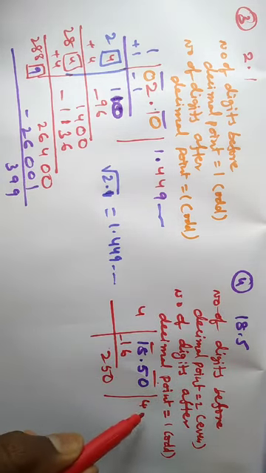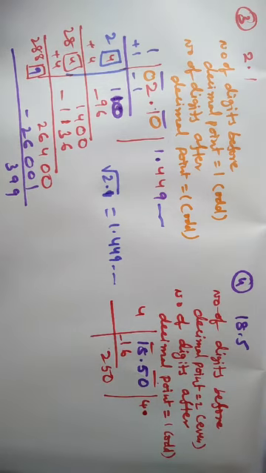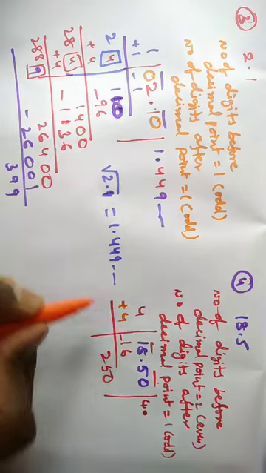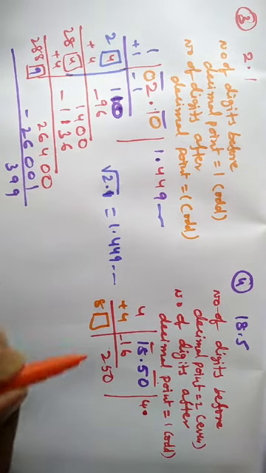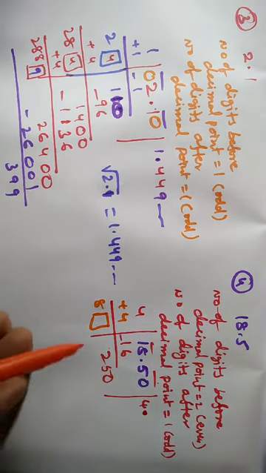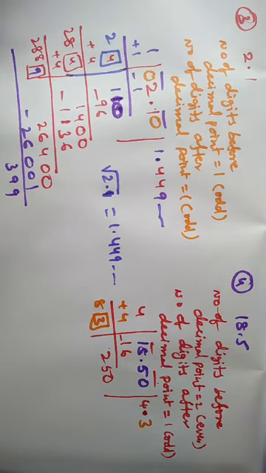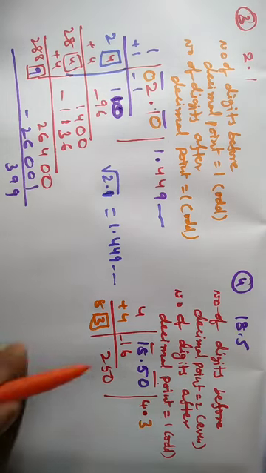When we are taking the digits after the decimal point, we have to place the decimal point in the quotient also. By adding 4 again to this one, we have to leave place for one more digit every time. Here 81 ones are 81, 82 twos are. Like that we can take 83 threes are 249.